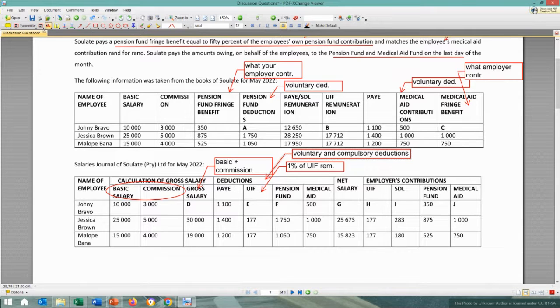What amount did the employee ask that they should deduct from their salary for their pension fund? Look at the table just above the salaries journal. The information is there. What information would you capture there under the pension fund?